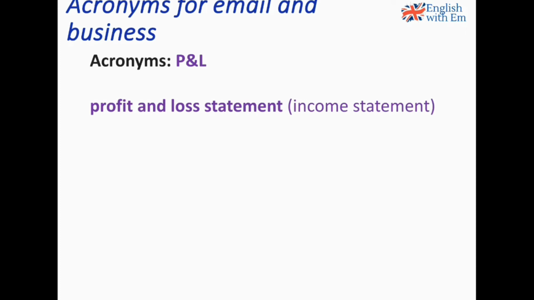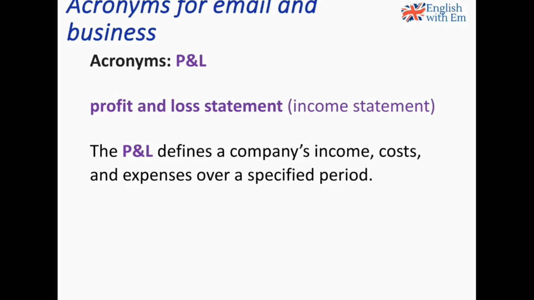P&L, this is the profit and loss statement or income statement. The P&L defines a company's income, costs and expenses over a specified period. And I want to point out something about the pronunciation here. It's P and L, but we don't say "P and L". When it's spoken quickly, it's "P 'n' L".